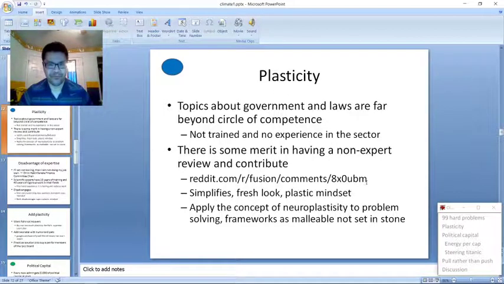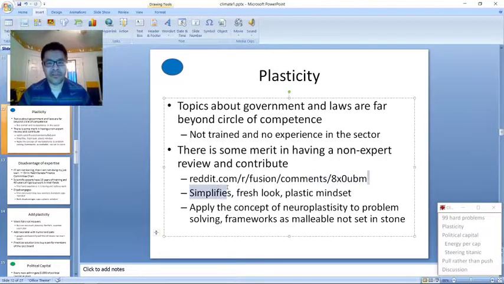As you can see from this fusion post, a non-expert can simplify the situation and provide a fresh look. Related to this topic is entering the discussion with a plastic mindset.